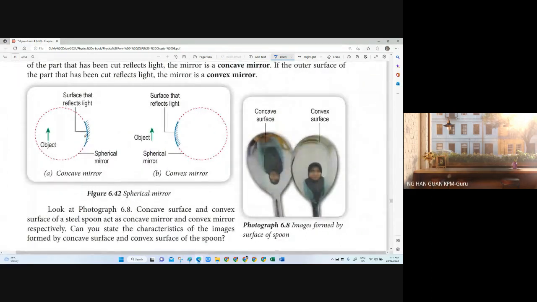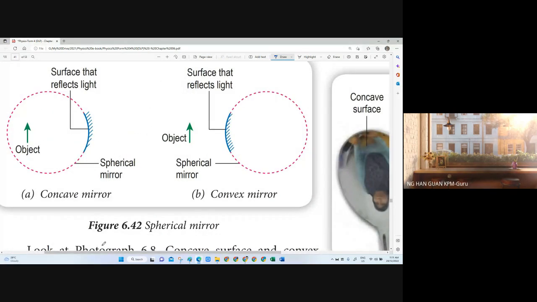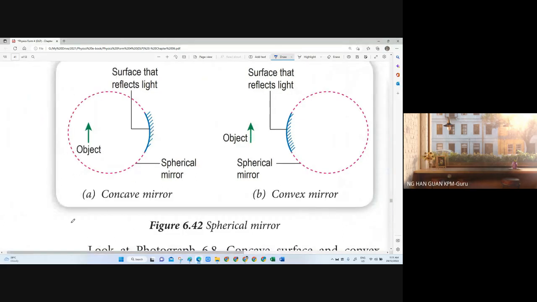So the spherical mirror, the curvature of the mirror is a part of the circle. According to this, we will have the center here. This is the center of the curvature, C.